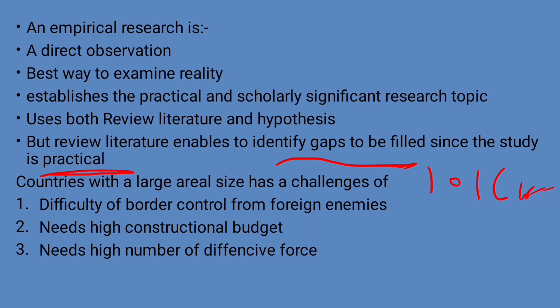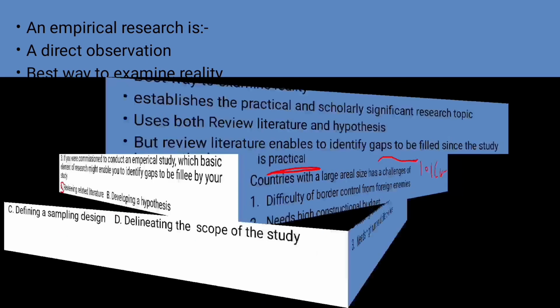It is the best way to examine reality and establishes a practical and scholarly significant research topic. This research uses both literature review and hypothesis, but literature review enables us to identify gaps to be filled since the study is practical. Good.